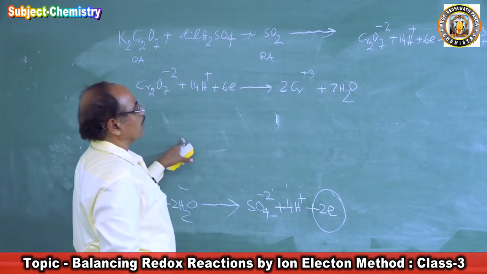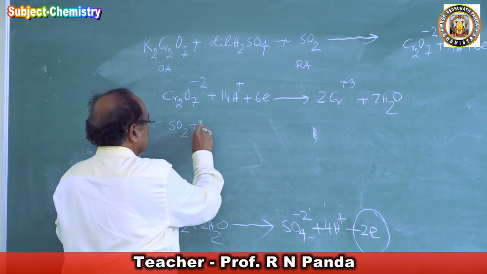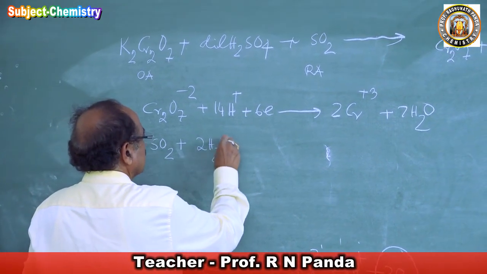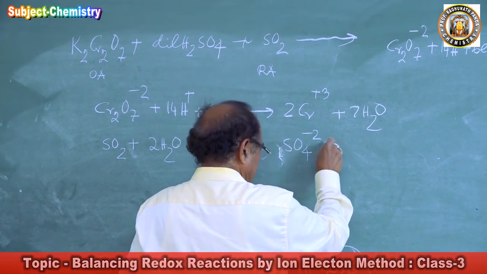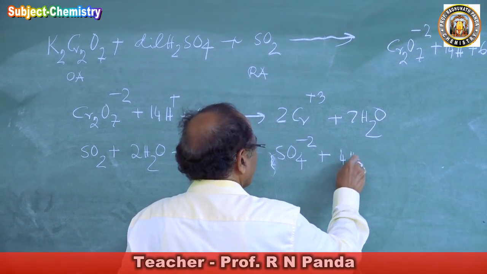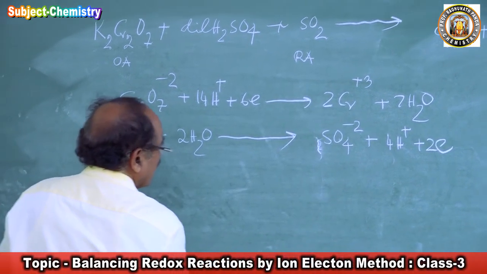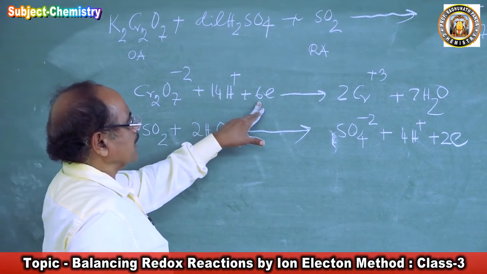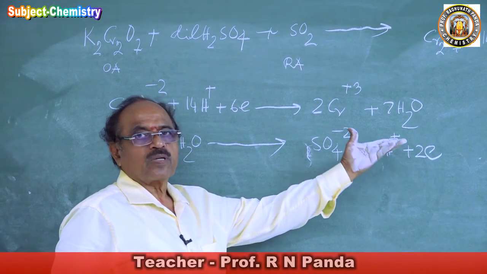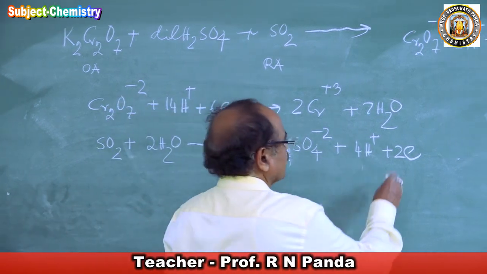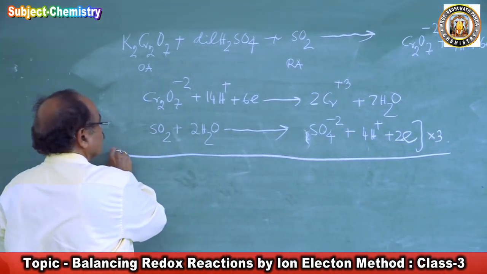This is the half reaction for the oxidizing agent, and the half reaction for the reducing agent is SO2 plus 2H2O forming sulfate 2- plus 4H+ plus 2e-. In the first equation we have 6 electrons, in the second 2 electrons. To cancel out the electrons, we multiply the second by 3.